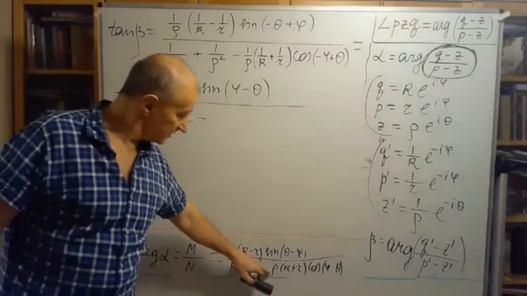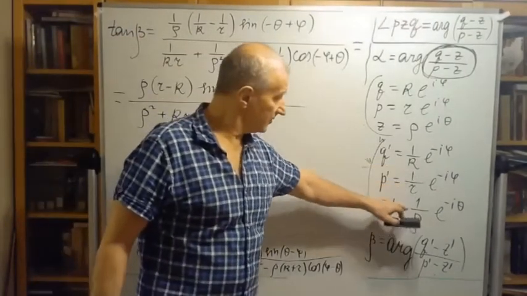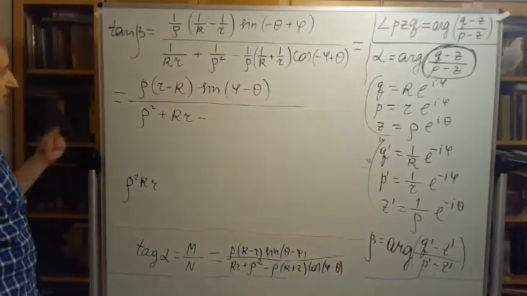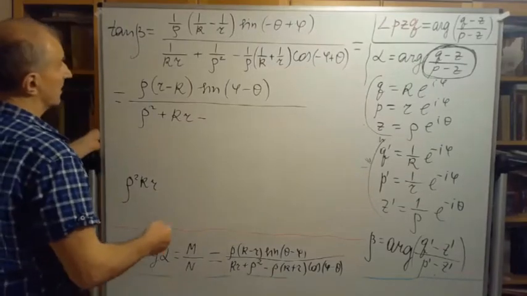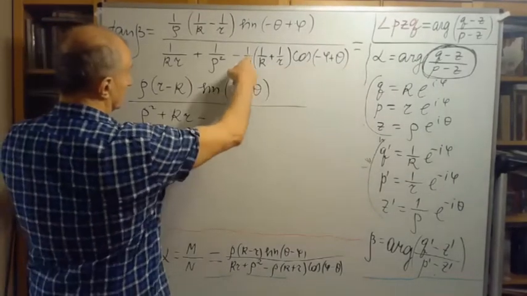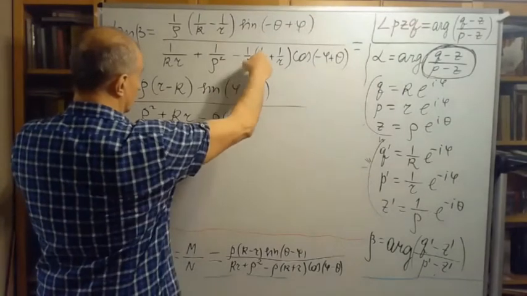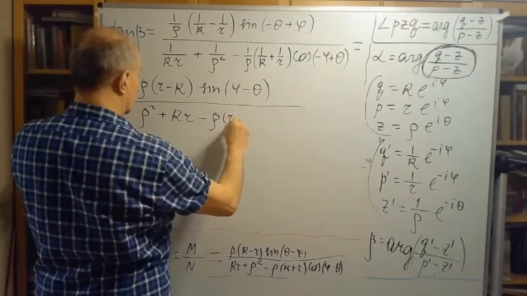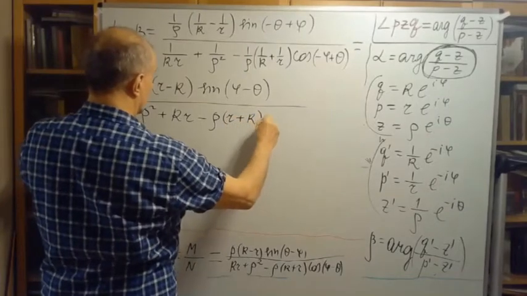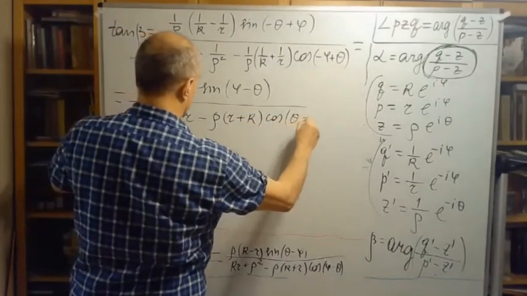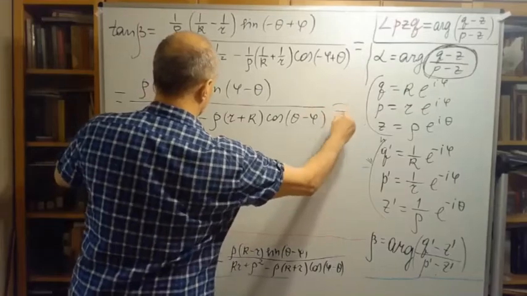I'm replacing these expressions with what they have become after the inversion. Minus rho, and here will be r small, and here will be r capital, cosine of theta minus phi.